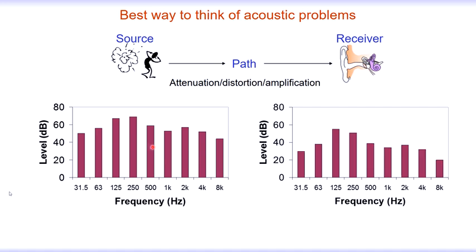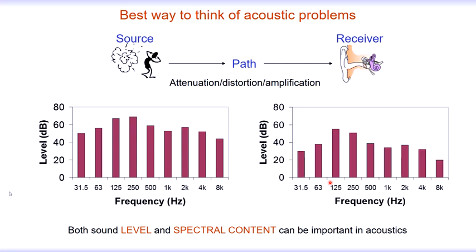By the time it reaches the receiver, after it's gone through this path, where there may be attenuation, distortion, and amplification, the spectra may be changed in terms of how much there is in different octave bands, and the overall level may also be changed. So both the level and the spectral content are important in acoustics.